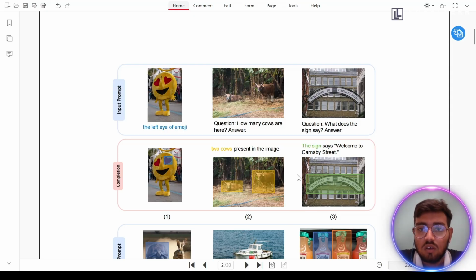Another question is, what does the sign say? It answers, the sign says welcome to Carnaby Street, and Cosmos has marked the letters it is talking about, Carnaby Street.